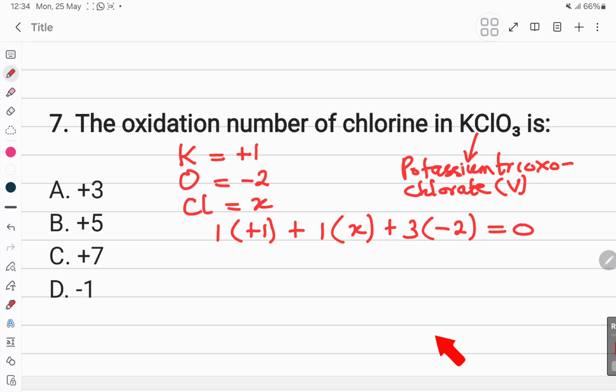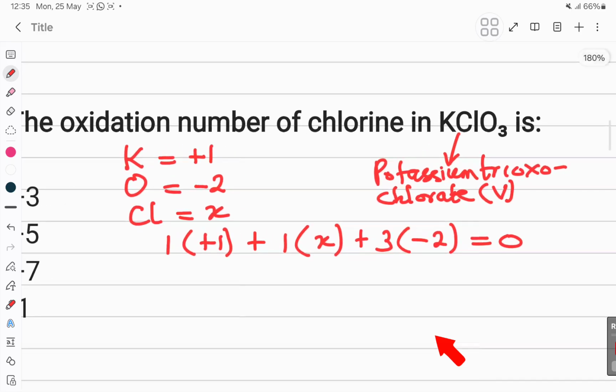There is a rule of oxidation number that states that the algebraic sum of the oxidation numbers of all the atoms in a neutral compound, or in a compound which is not an ion, is 0. That is to say that the overall oxidation number here is 0. That is, the overall charge here is 0. We don't need to put the 0, but when you don't see anything there, it means 0 because it is neutral.